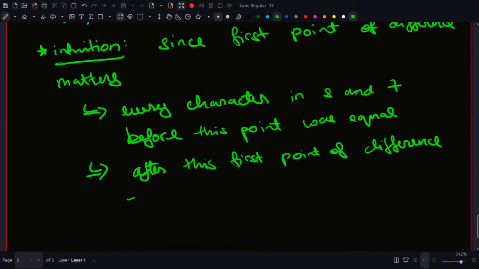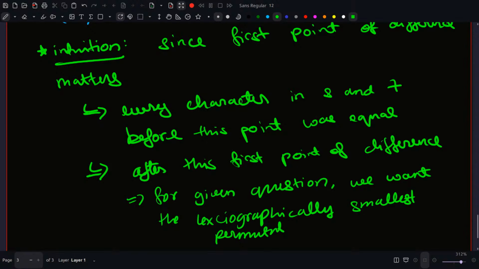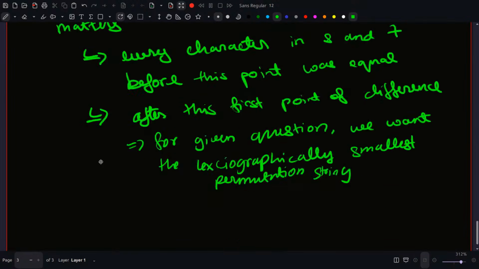For the given question, we want the lexicographically smallest permutation of the string, which is greater. So once we have a point of difference, right?